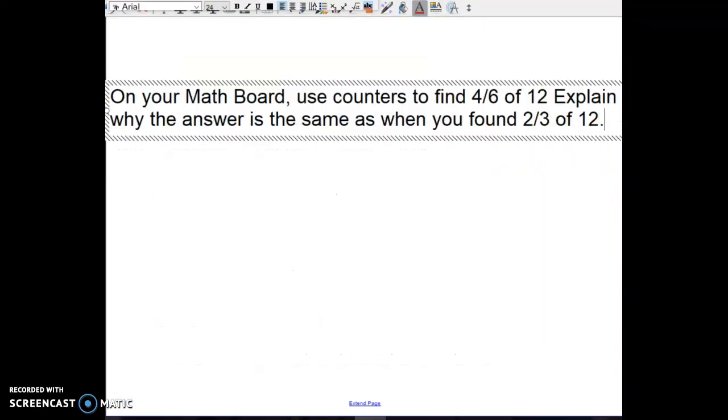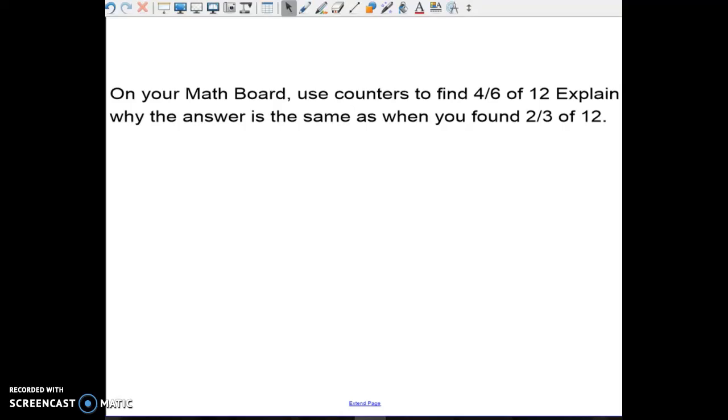Okay, this is in the middle of page 292. It says on your math board, we just used our desk, use counters to find 4/6 of 12. Explain why the answer is the same as when you found 2/3 of 12.